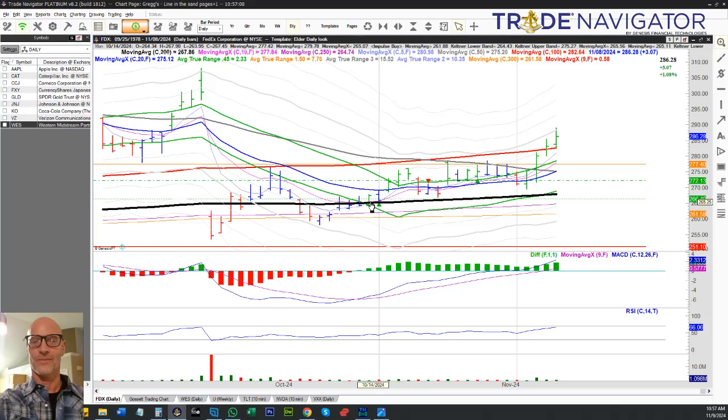And the next thing I do is I place a level, the value of 1.5 ATRs, right now it's 7.76, above my entry. And that is going to be my trailing stop level. If I get to that level, now I start to tighten things up because I don't want to give back all the gains that I have, okay?